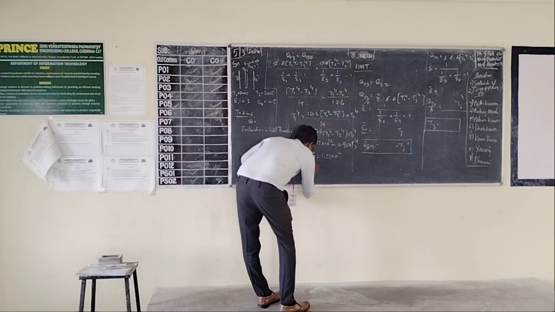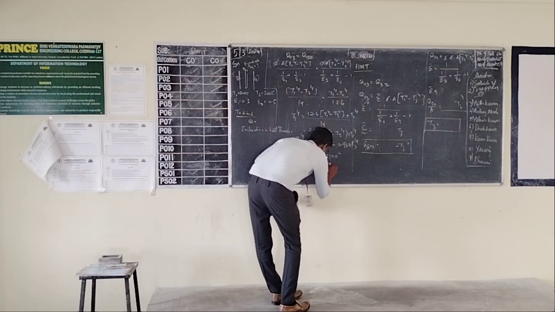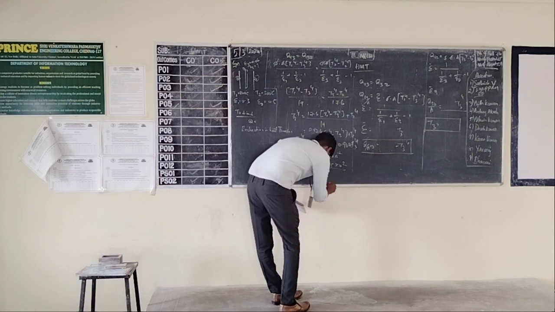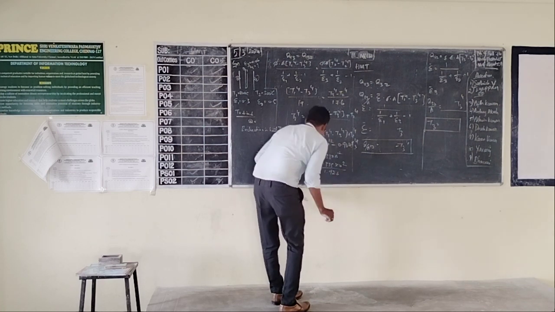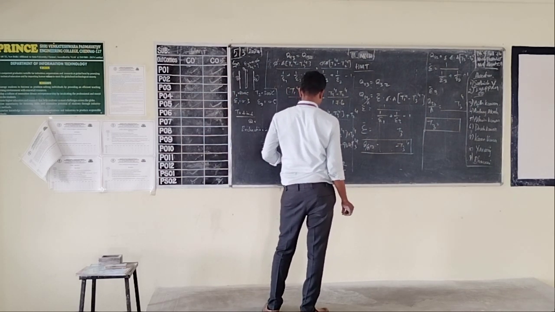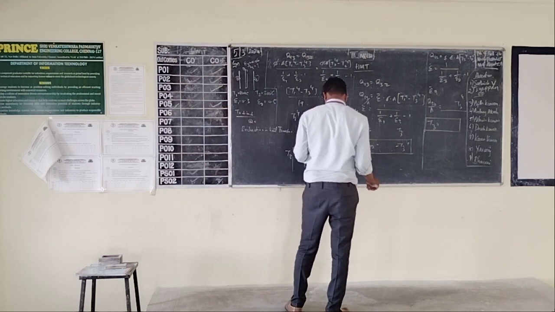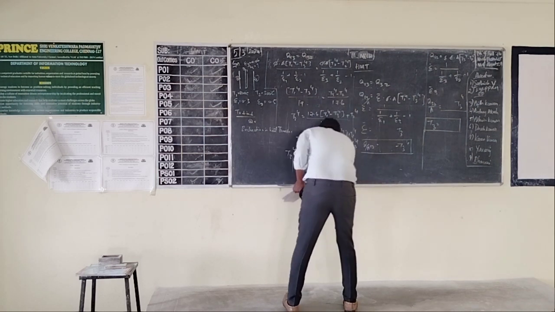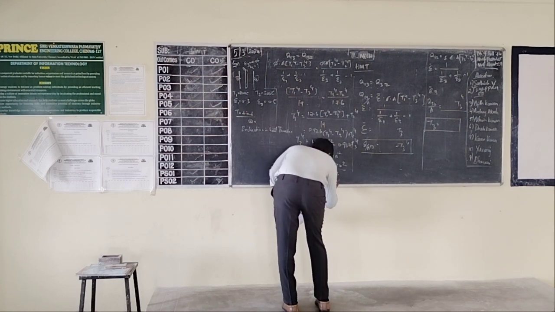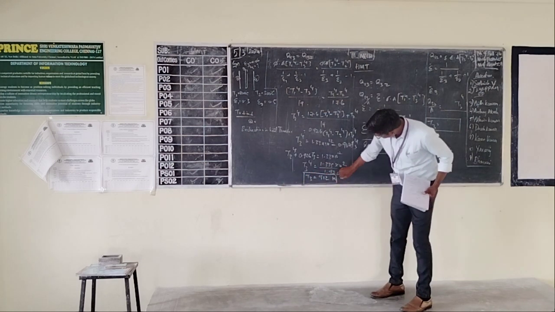So you get T3 power 4, and from it a T3 value of 912.